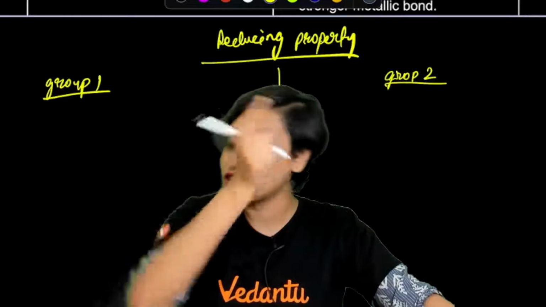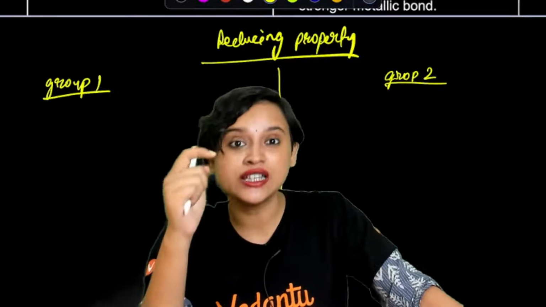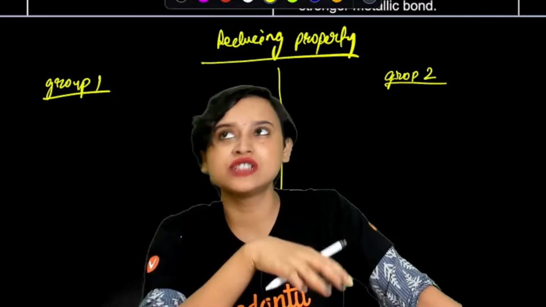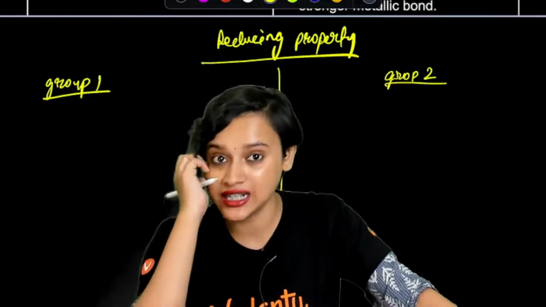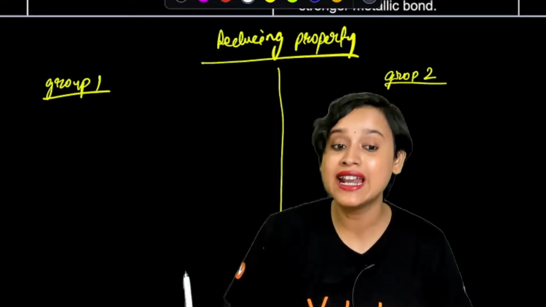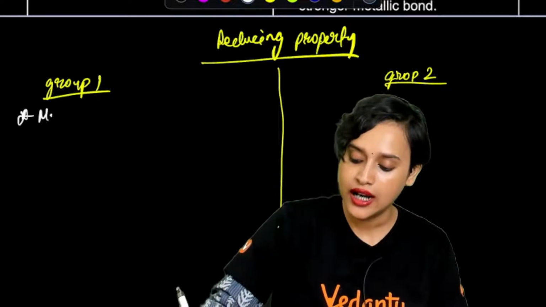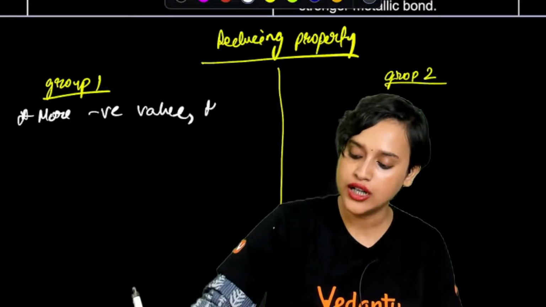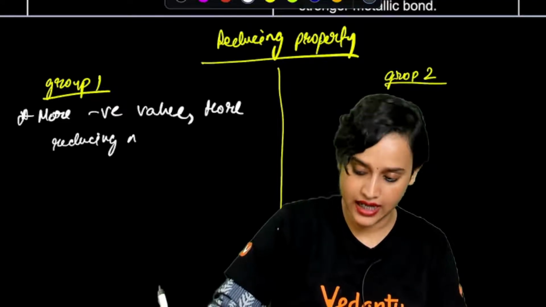There was a chart of electrode potential, and there we saw that some elements have negative value, some elements have positive value, and fluorine had the most positive value, whereas the other elements had negative value. So you have to know one thing: the more negative the value, the more reducing nature.